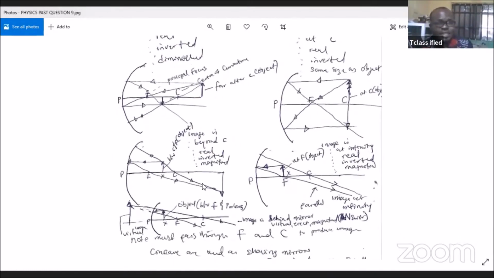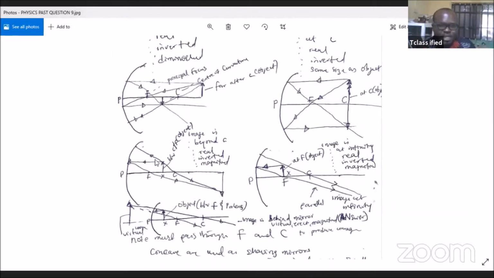Now, another case is when you place the object between the center of curvature and the focus, between C and F. In that case, it will produce this image, and this image is beyond C. It is real, it is inverted, and you can see it is magnified.